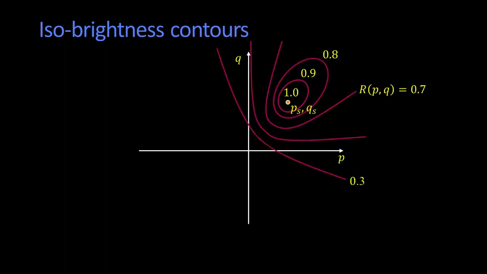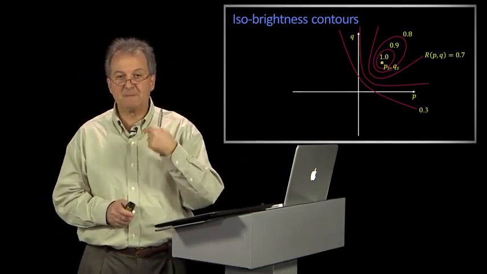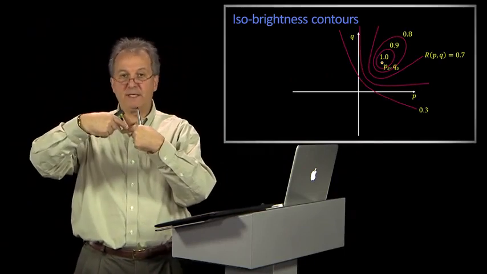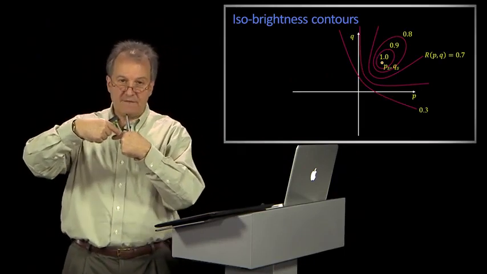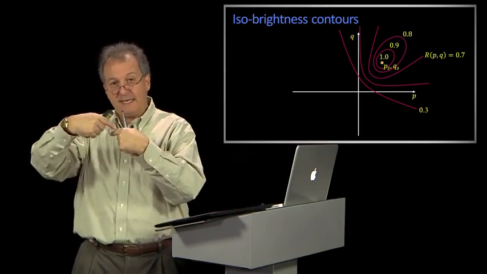And then finally, what happens when the surface normal is perpendicular to the light source? The cosine of theta I is 0, so no light is hitting that surface.